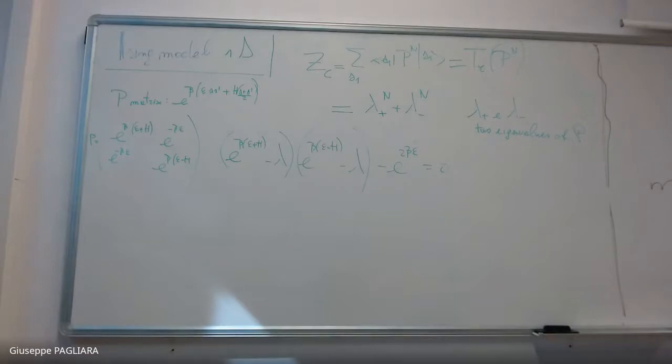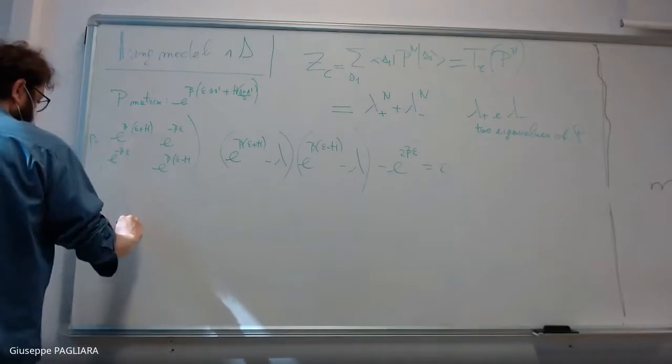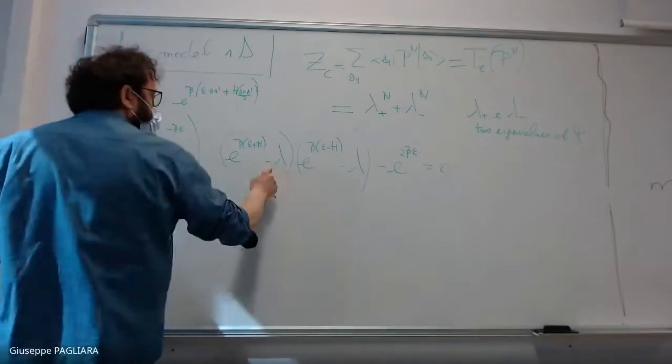I'm not sure how much detail I should go into. So here I have a lambda squared, which comes from this lambda squared.